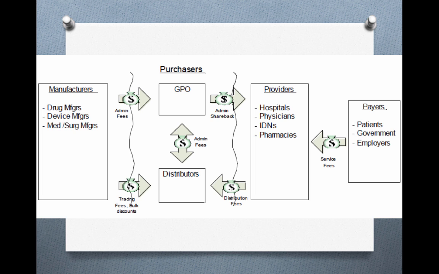Next are the providers, which consist of hospitals, physicians, integrated delivery networks or IDNs, and pharmacies and other hospital systems. Lastly are the end users or payers, which consist of patients/individuals, employers, insurers, HMOs, drug benefit agencies, and governments.